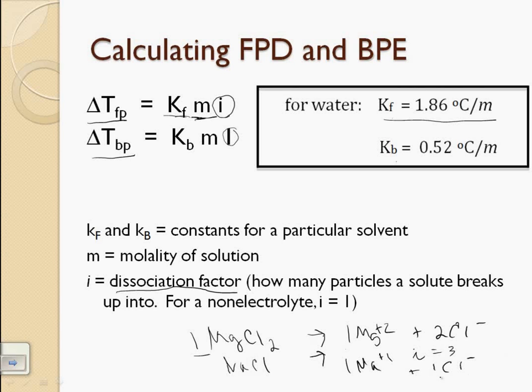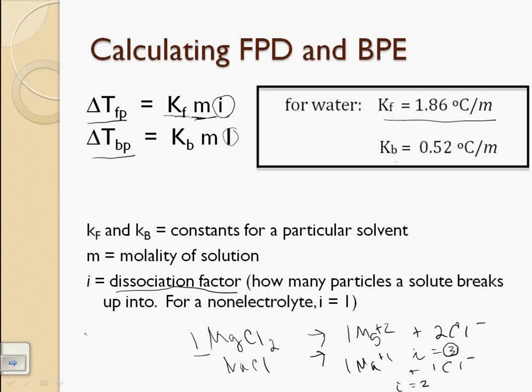So that's going to give me an i equals 2. So the magnesium chloride will lower my freezing point more or raise my boiling point more because it has a bigger i.